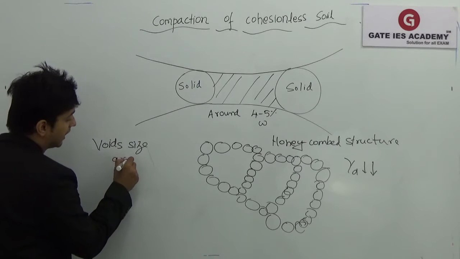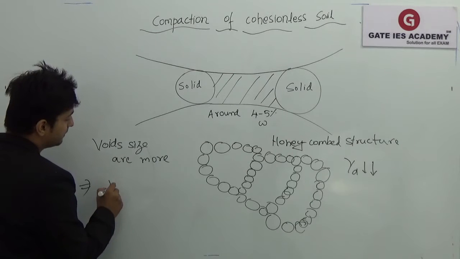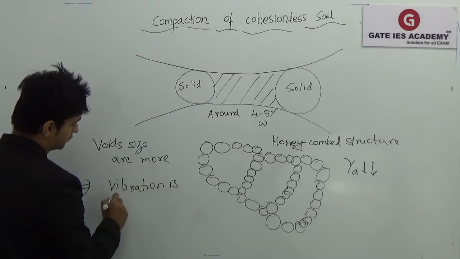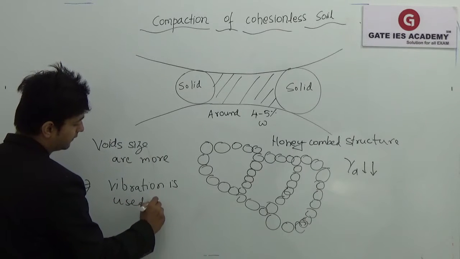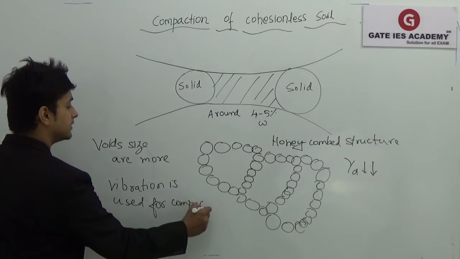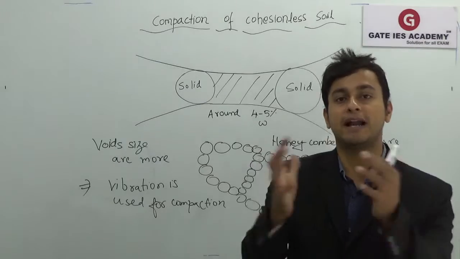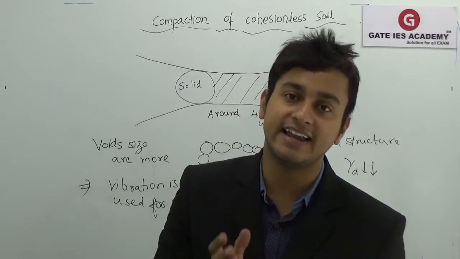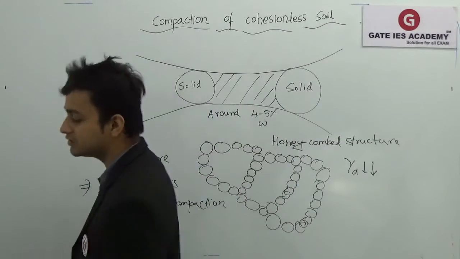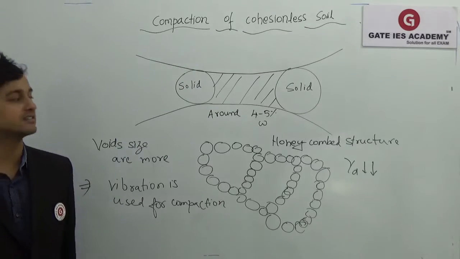Void sizes are more, which implies that vibration is used for compaction. When you have larger size particles, you can easily vibrate them, and vibration will cause the particles to come closer to each other, and hence it will compact the whole system. That is why we use vibration techniques in compacting cohesionless soil.